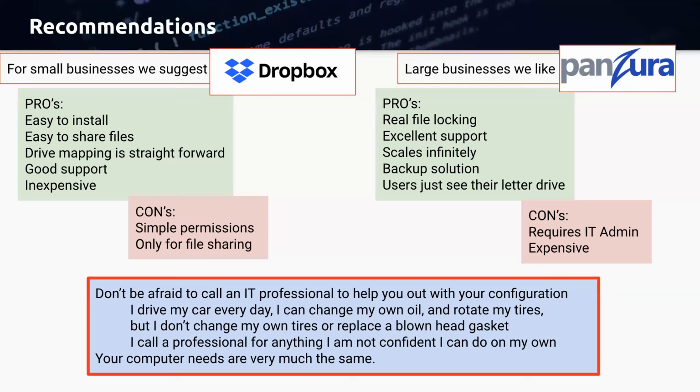And it's really just for file sharing. It doesn't have the robust features of, say, Google File Stream and the Google Suite. But if you're a smaller business, 2, 3, 4, 5 users, oh yeah, Dropbox is the way to go. Just so easy and straightforward.